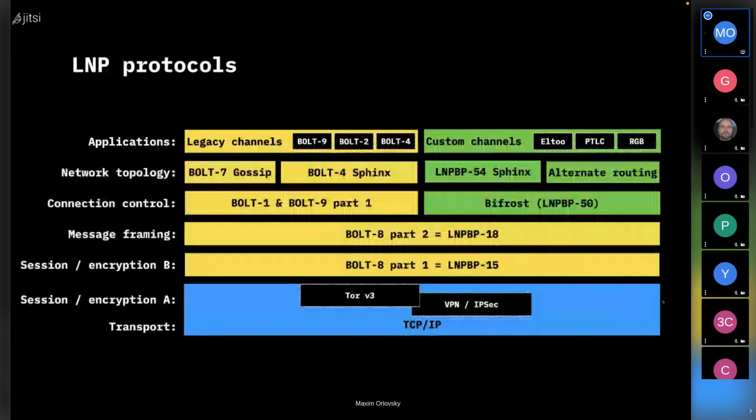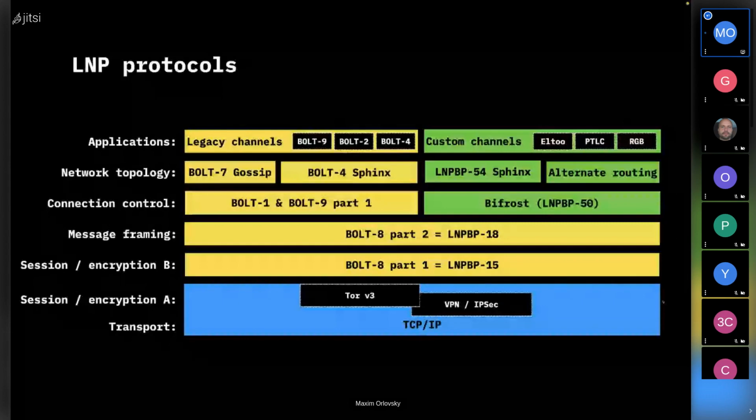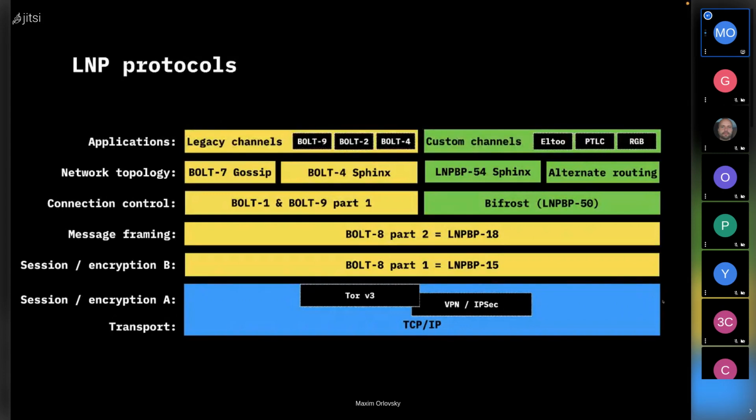For those who are interested in even more technical details, this is the way we see the layerization of the whole LNP protocol stack, including the legacy Lightning Network. The legacy Lightning Network is present in the left part of this chart in yellow color, and Bifrost-specific parts are shown in green.